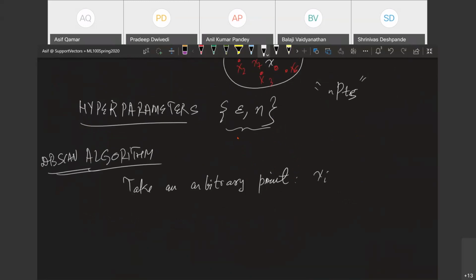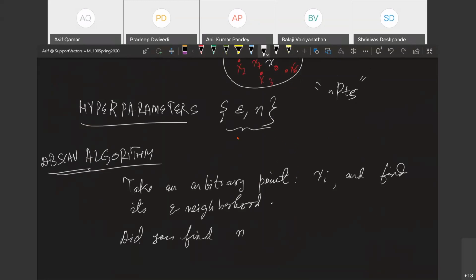Then find its epsilon neighborhood. The question is, did you find n points in its neighborhood?